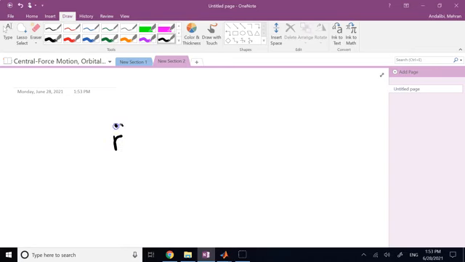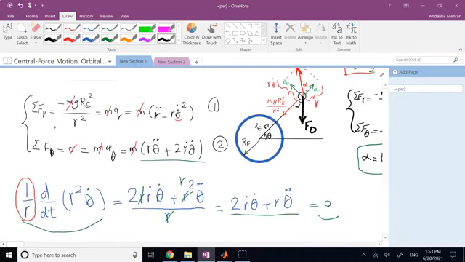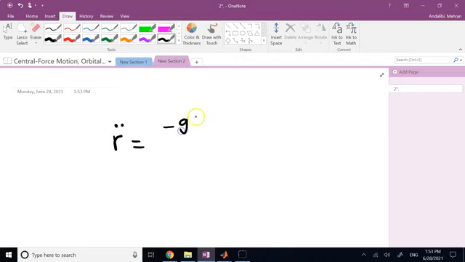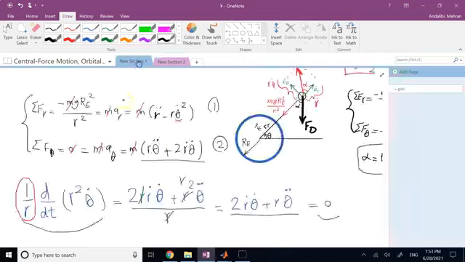I say R double dot is equal to what? It's equal to negative G RE squared over R squared. Correct? And then take this term also to the other side.